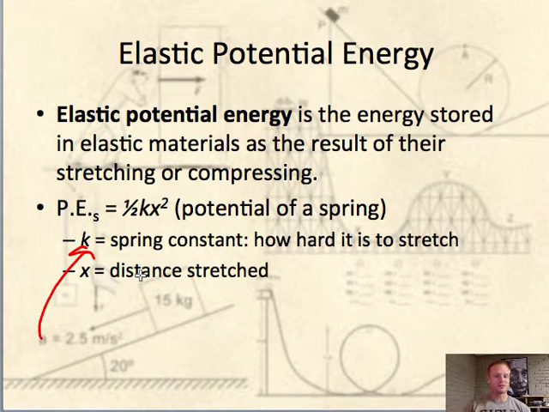We'll deal with this more, particularly in second semester, but for right now, just know that the spring constant is how hard it is to stretch. And x is the distance that you stretch it. So if you pull a spring apart, say a meter, that would be your distance, the x piece, and that is squared in this formula. Notice that it is squared. That's elastic potential energy.